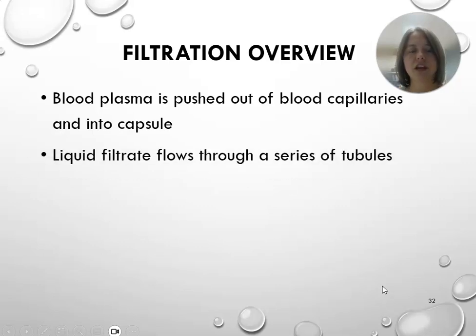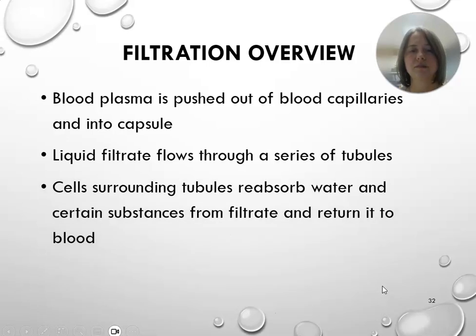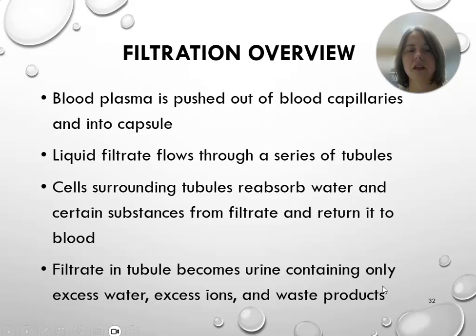Now we call it filtrate, and that liquid filtrate flows through a series of tubules, and the cells surrounding the tubules reabsorb water and all the good stuff, certain substances from the filtrate, and return it back to the blood. And then the filtrate that stays in the tubule becomes urine, and it only contains excess water, excess ions, and then our waste products, like those nitrogenous wastes that your body wants to get rid of.